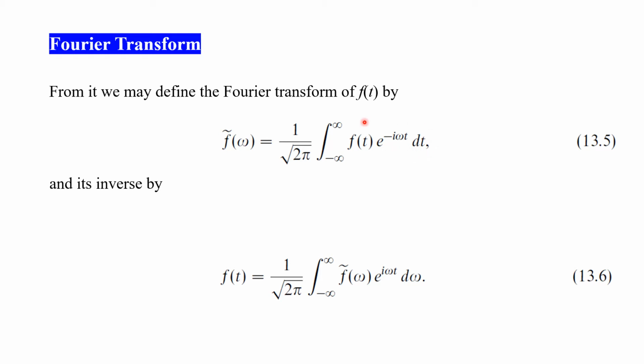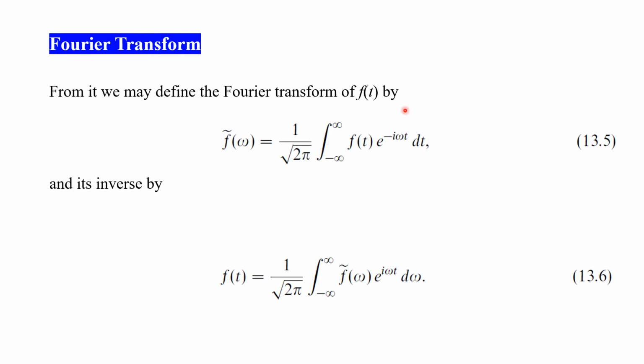And the inverse of this Fourier transform is your f of t, which is equal to 1 over the square root of 2 pi times the integral of f tilde of omega e^(i omega t) d omega. So the inverse of this one is just this one, and the inverse of this equation is this equation here.